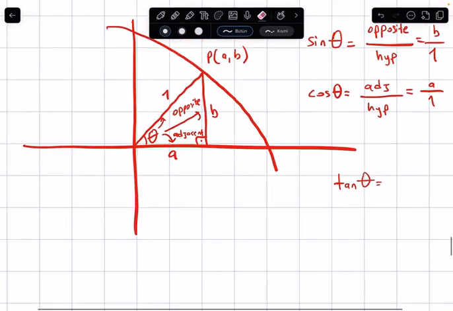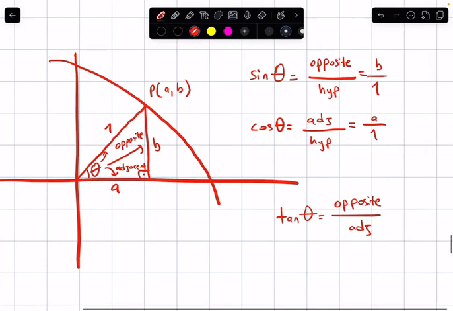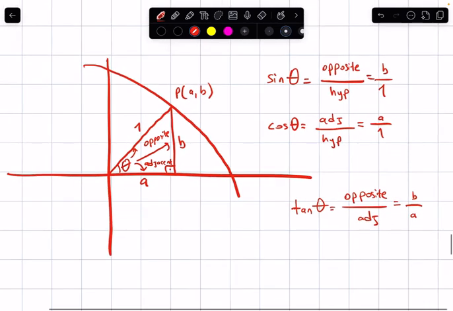But I'm just going to show it in here. Tangent is equal to opposite over adjacent, which is B over A. Tangent is also equal to sine over cosine. How so? Let me prove it to you.